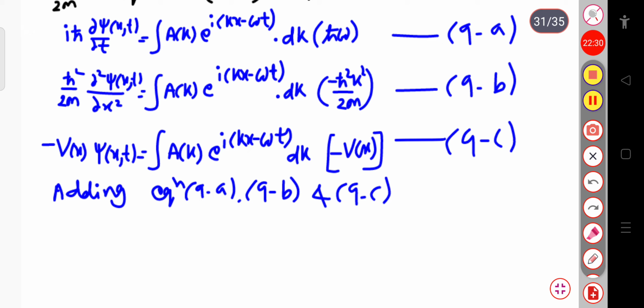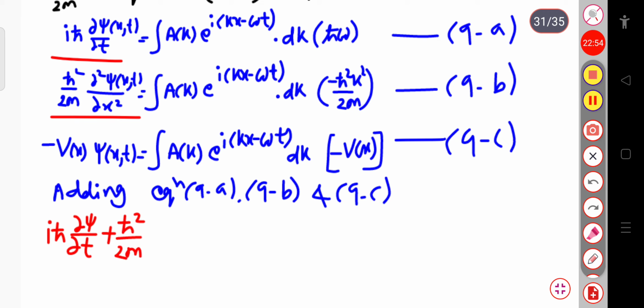The first term is iħ ∂ψ/∂t, plus ħ²/2m ∂²ψ/∂x², and again minus V of x into ψ, where ψ itself is a function of x and t. Then this will be equal to, then I will write the right-hand side term.